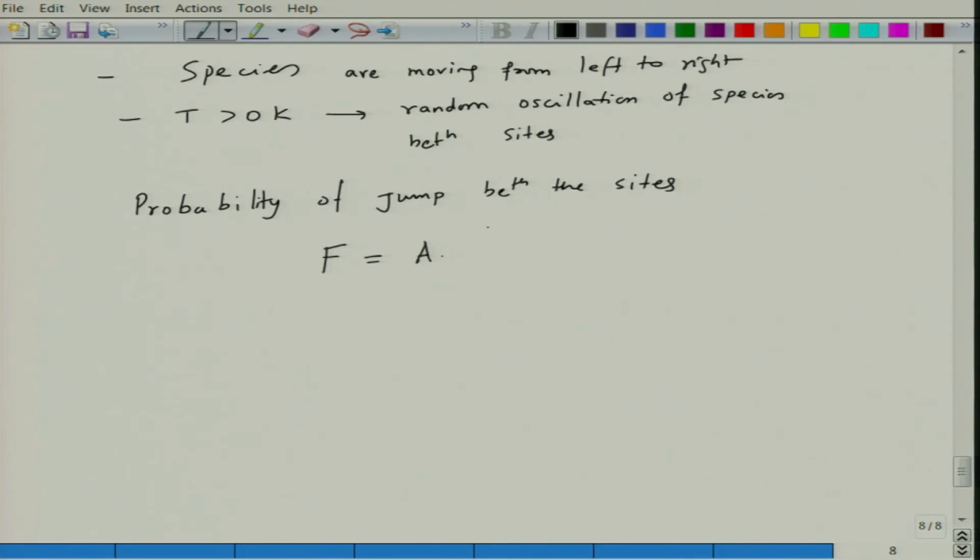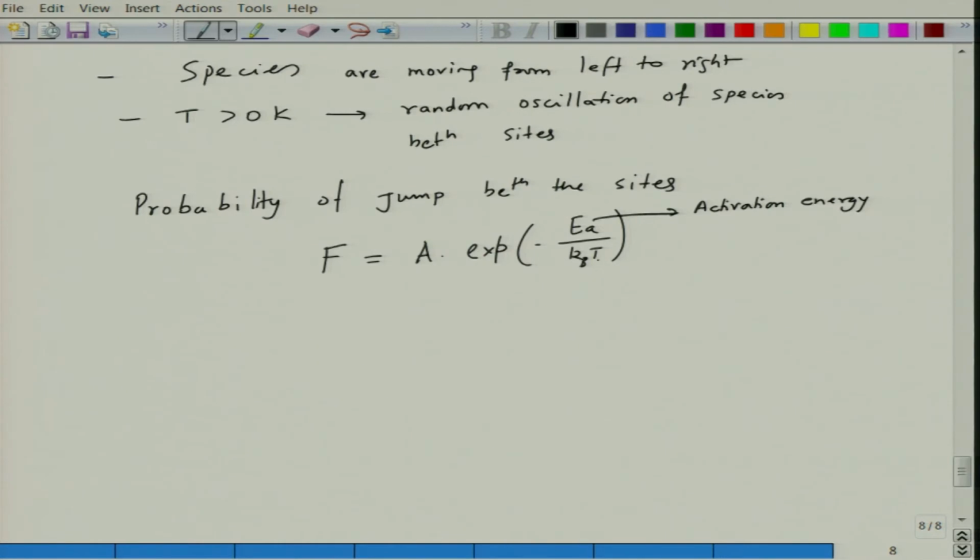So, let us say this is a into exponential of minus EA divided by KB T. This a is something that we will see later on, but for now let us say a is some sort of constant, okay, and EA is the activation energy, or the barrier which species have to overcome to move from one position to another.